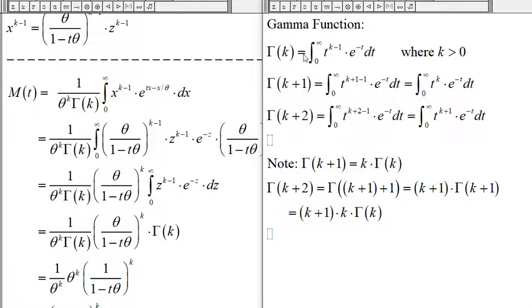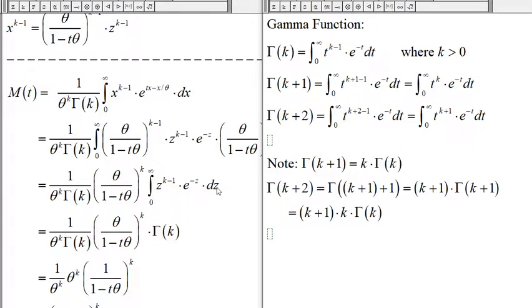Recall that for the gamma function, gamma of k is the integral from 0 to infinity with the integrand t to the k minus 1 times e to the negative t. Here we have z to the k minus 1 times e to the negative z.